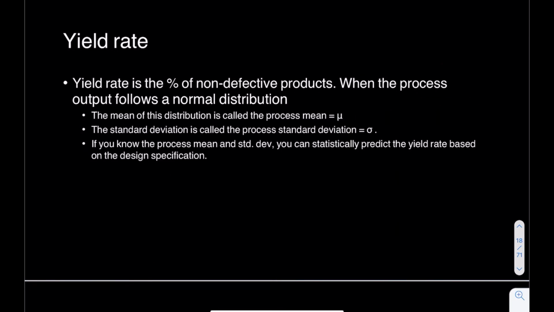Given this design specification, now let's talk about yield rate. What is the yield rate? Yield rate, by definition, is the percentage of non-defective products when the process output follows a normal distribution.